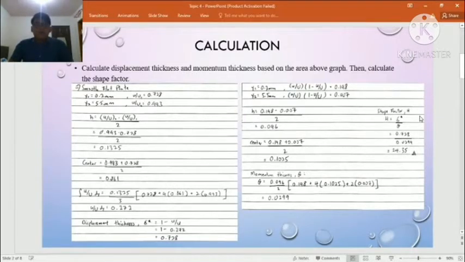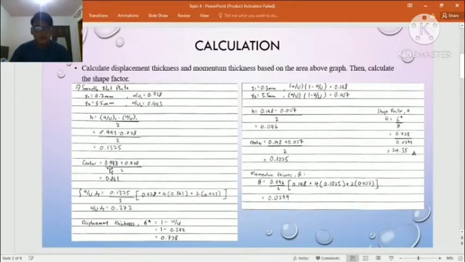From the graph, when y1 is equal to 0.2 millimeter, the velocity ratio is equal to 0.728. When y2 is equal to 5.5 millimeter, the velocity ratio is equal to 0.993. Next, we need to find h, where we use the formula velocity ratio 2 minus velocity ratio 1 divided by 2, and we get 0.1325.